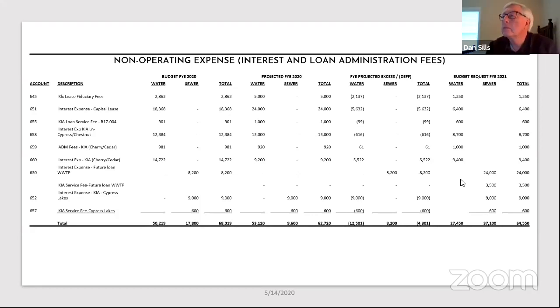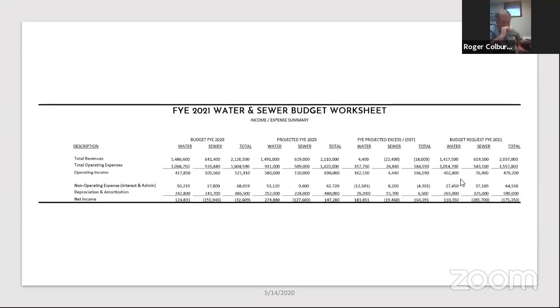Right. So Blair, let's go to the next table if no one has any questions there. And this one starts to summarize things, similar to audit terms. On the first line in that table, we talk about our total revenues that came off of that first table we talked about a while ago.